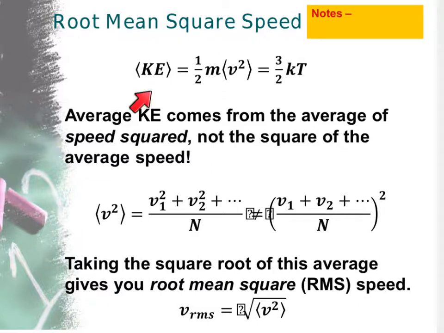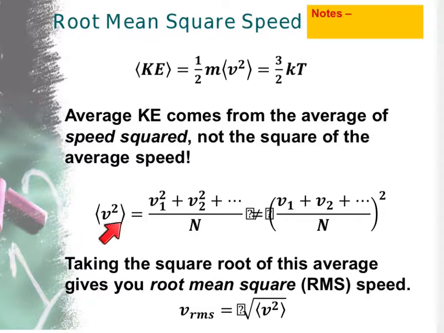The average kinetic energy is equal to 1/2 times m times the average value of v squared. It's this thing that is equal to 3/2 kT. The average kinetic energy comes from the average of the speed squared, not the square of the average speed. Okay, there is a big difference.